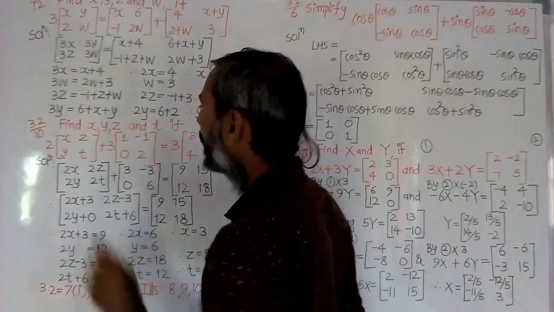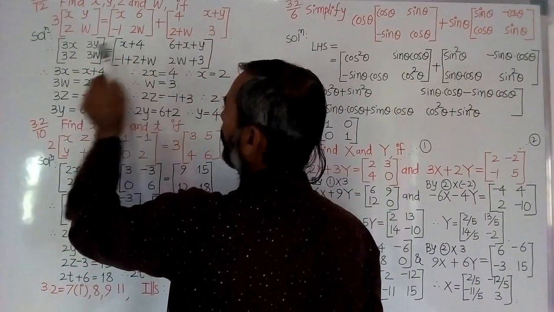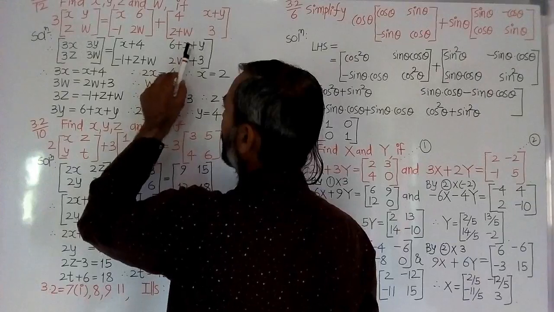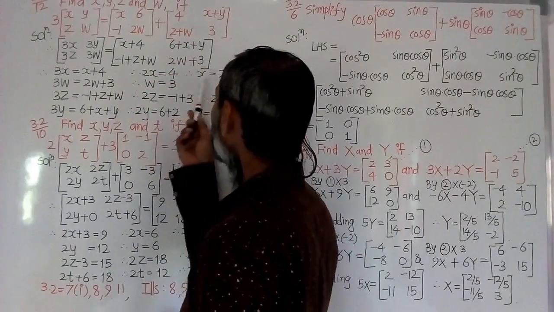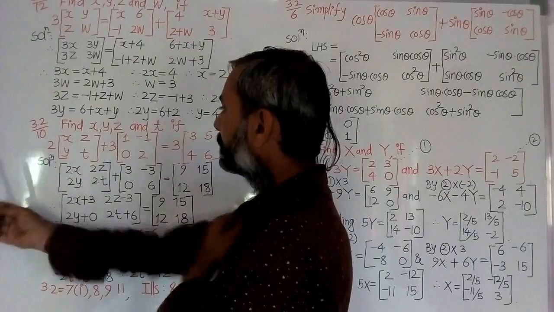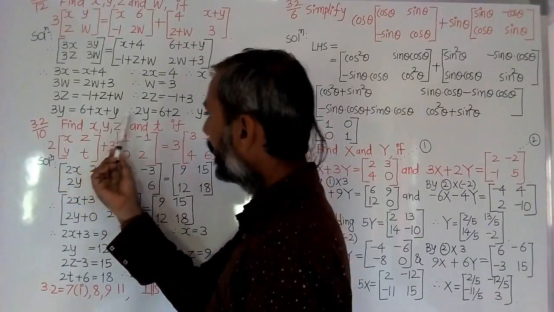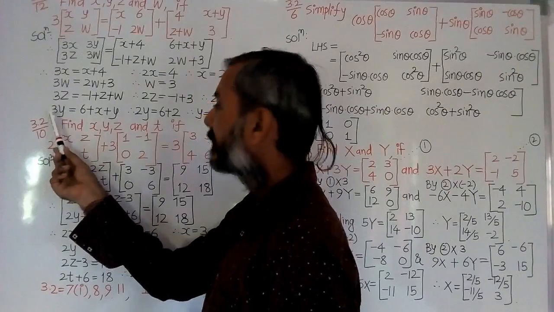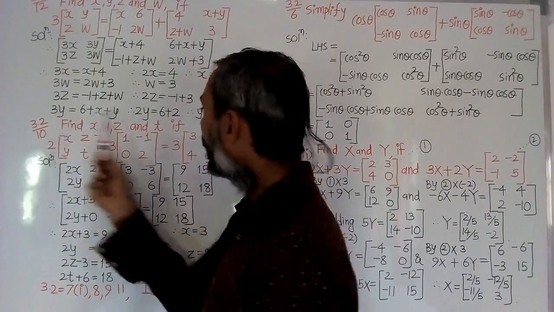Very simple. Next, then last, 3y equals 6 plus x plus y. But what is x? Remember, x is 2. So 3y equals 6 plus x plus y. Taking y to the left side, subtract. So 3y minus y is 2y.